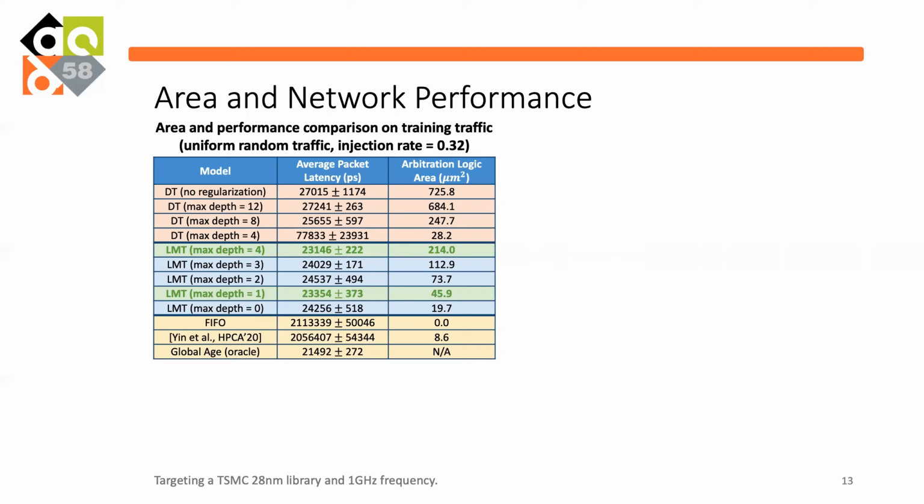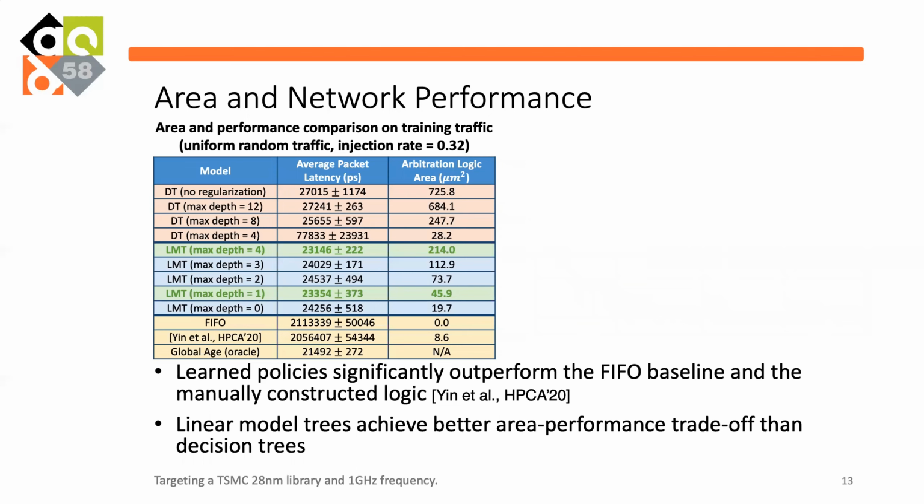The next 5 rows show the logic distilled from linear model trees, while the rows in yellow are the 3 baselines. As we can see, the logic distilled from tree-based models significantly outperforms the FIFO policy and the manual policy from a prior work. In addition, linear model trees generally perform better than decision trees on this task.